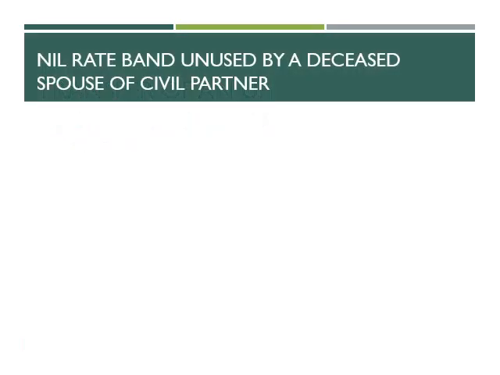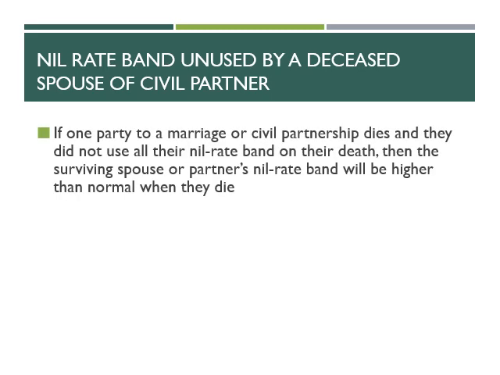So where a spouse or a civil partner dies, if they have part of their nil rate band or threshold for inheritance tax purposes that is unused following their death, then the surviving spouse or partner's nil rate band or threshold will be increased, and so will be higher than normal when the surviving spouse or partner dies.